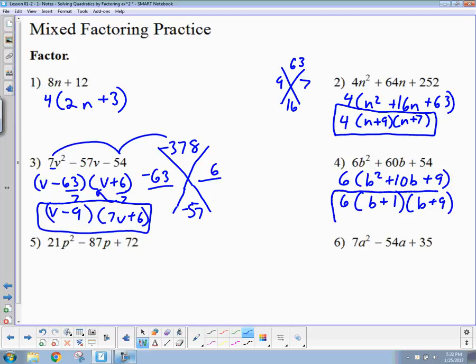This one, I don't know. I'm going to see if 87 is divisible by 21. You know, go big or go home. It's not. Let's go for something smaller, maybe 7. It's not. Hopefully 3.